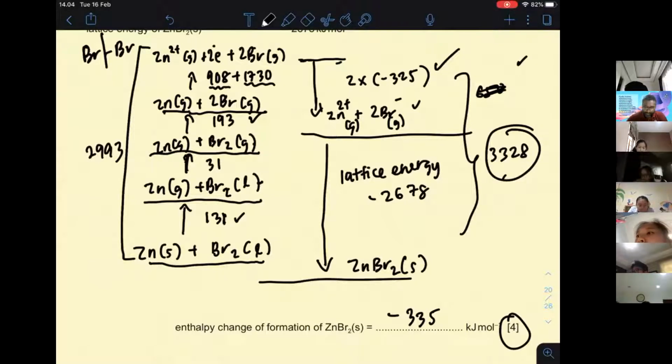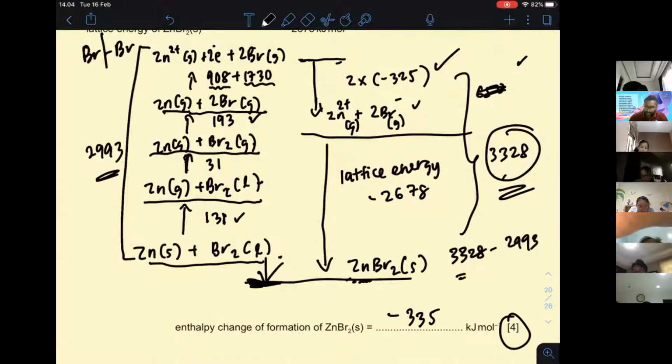It means that the solid ZnBr2 must be a bit lower than this line. You can see the distance. When it is lower, it automatically tells me this is going to be a negative value. It's going down. Quite easy to calculate: 3328 minus 2993. At the end, because it's going down, you need to give me the value in negative.